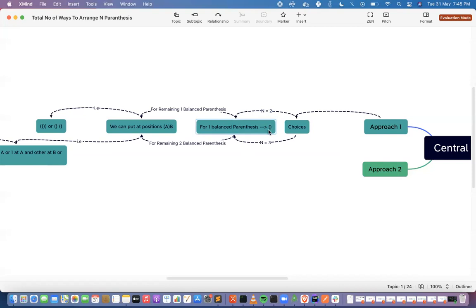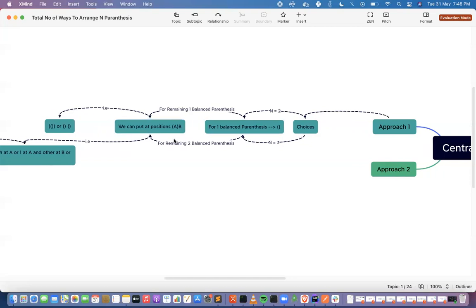We know for 1 there is only one balanced parenthesis, but for two balanced parentheses we have to identify where we can place this one balanced parenthesis. Either we can place it at position A or we can place it at position B.